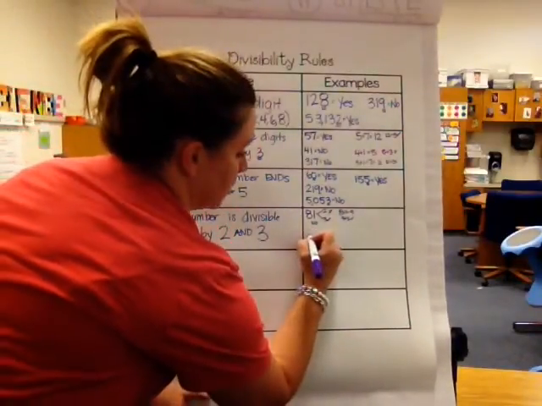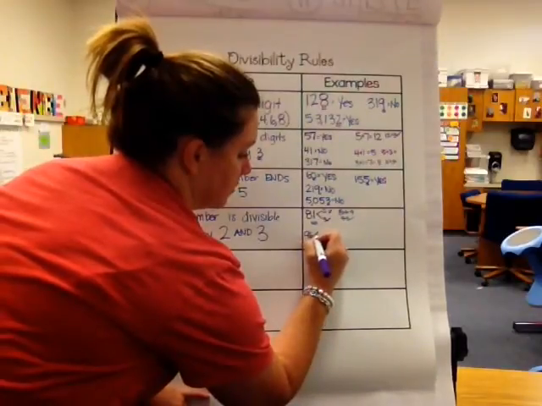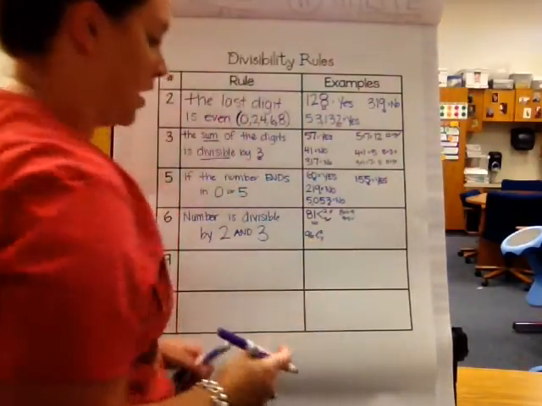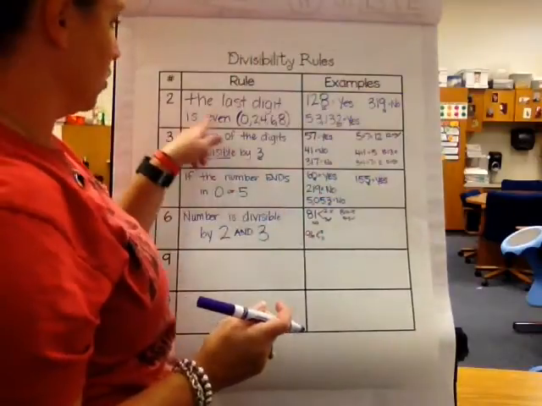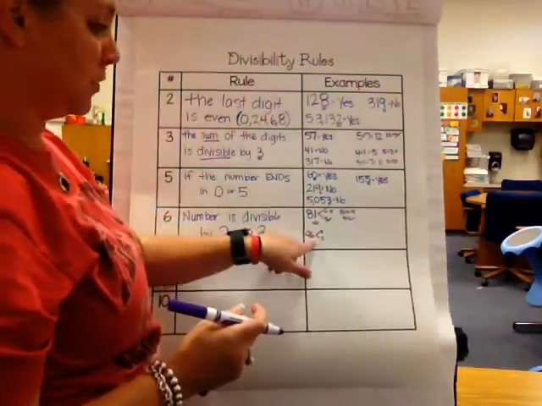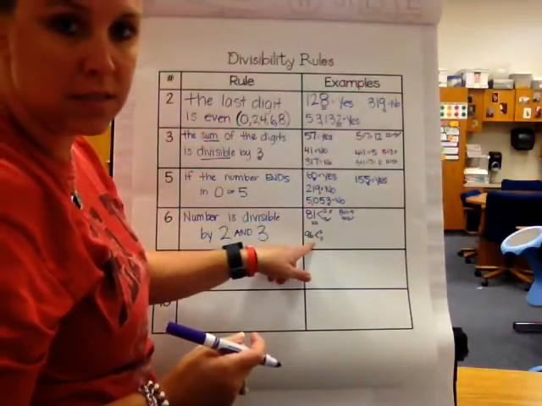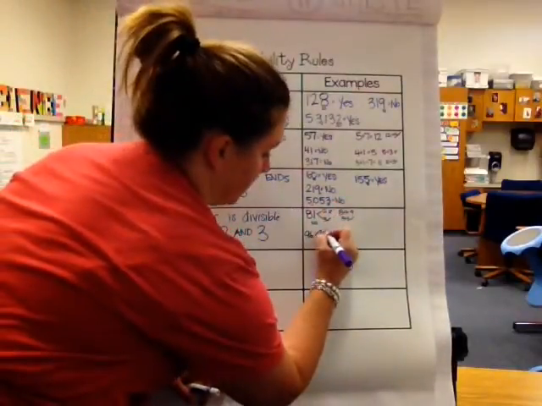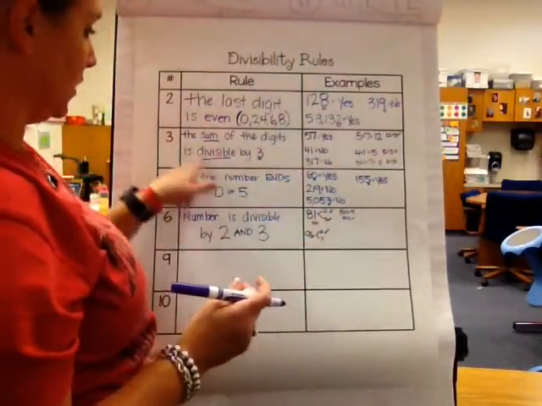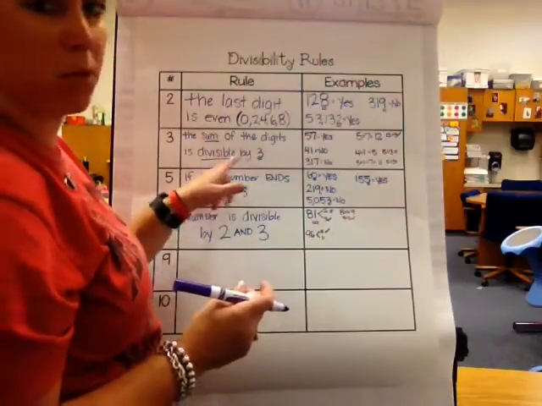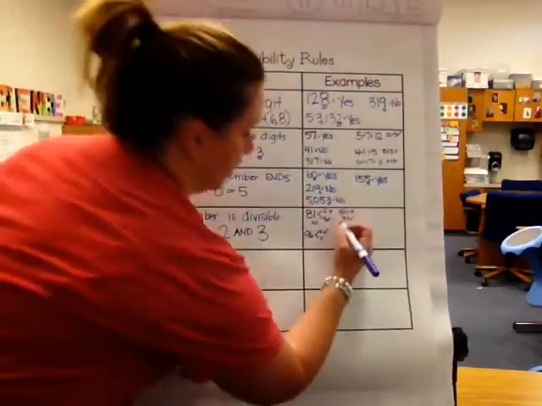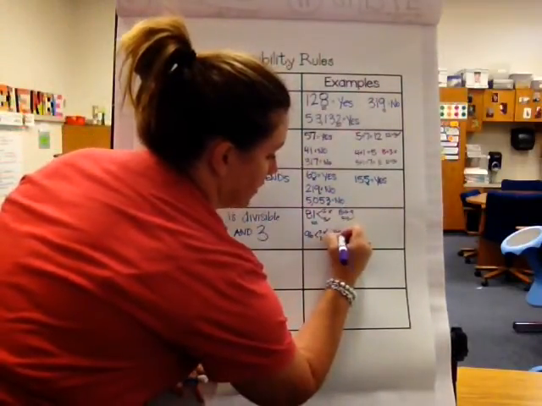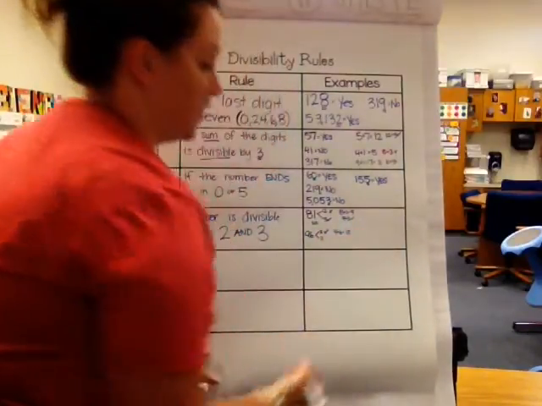Another example, let's do 96. Okay, 96, my 2 rule. My 2 rule is the last digit is even. Is my 96 even because it ends in a 6? Absolutely. Now my 3 rule is if the sum of the digits is divisible by 3. Well, let's take my digits. 9 plus 6 is 15.